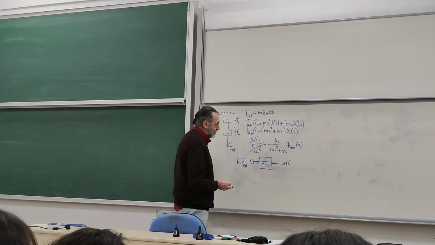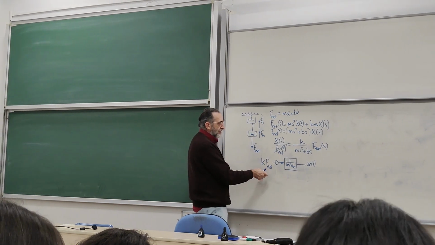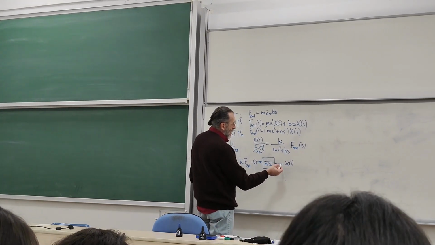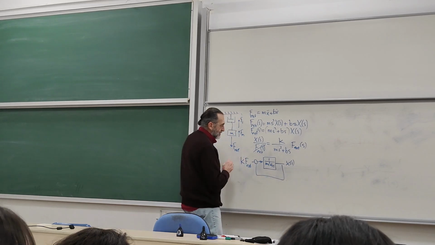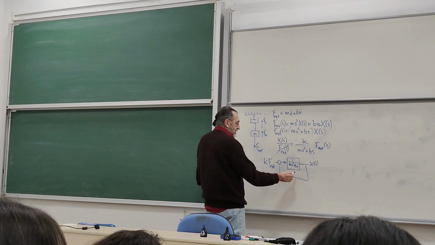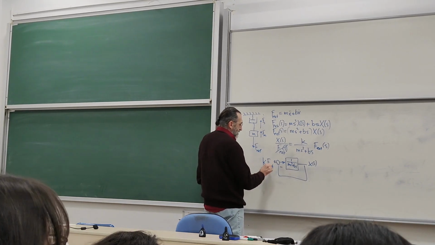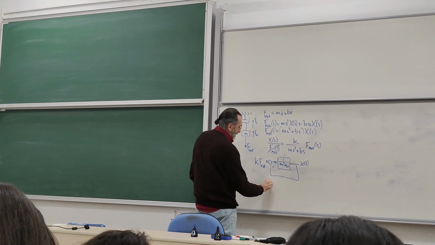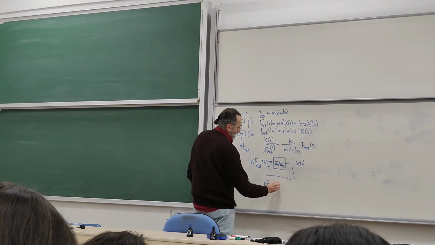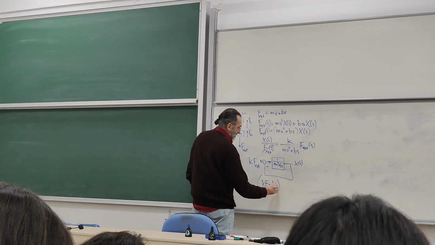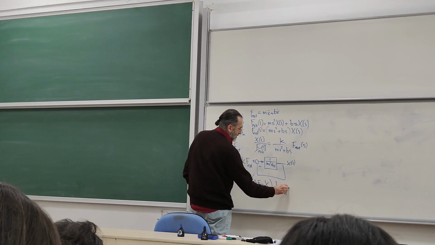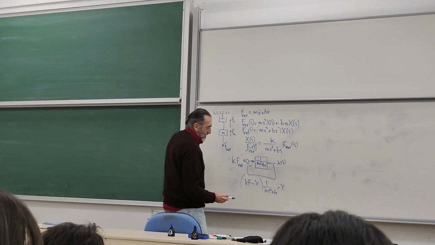K here by amplifying the force, and then afterwards, when you close the system, what you get is, this is minus, this is plus, K F minus X times 1 over m s squared plus d s is equal to X itself.